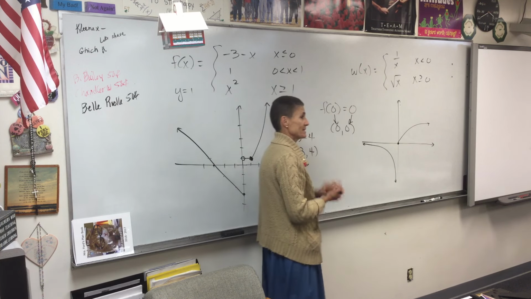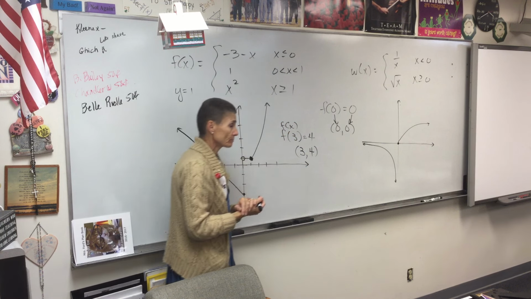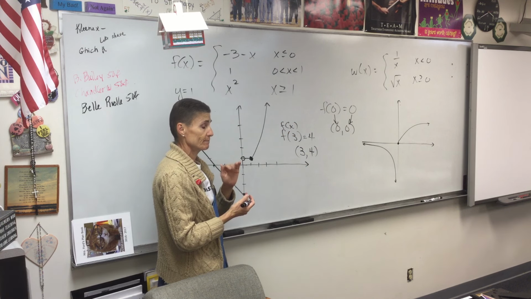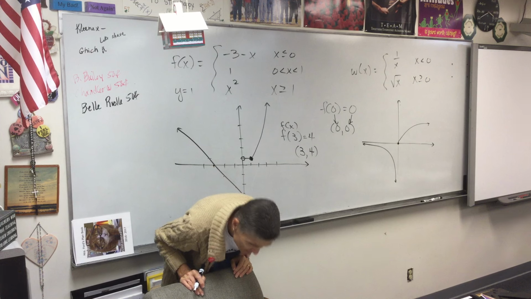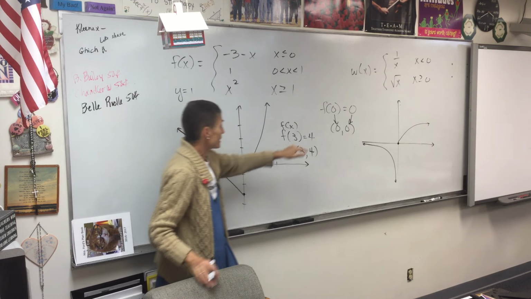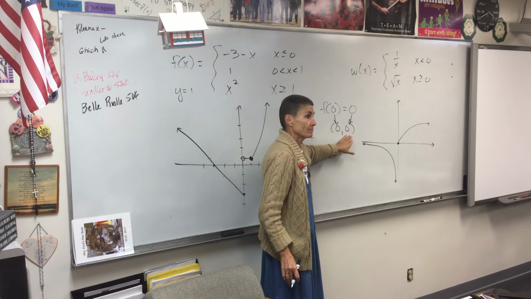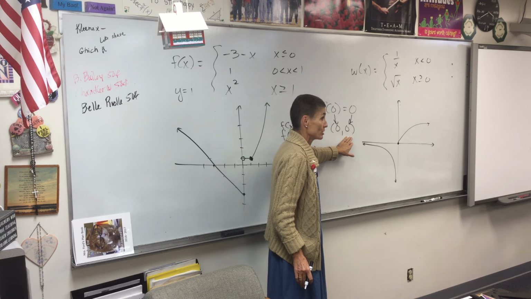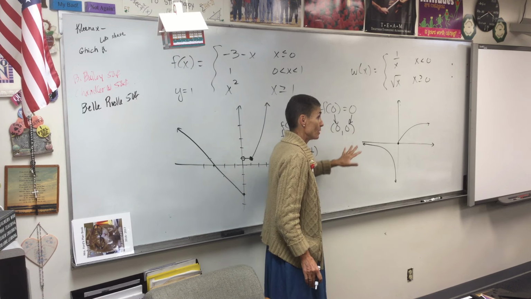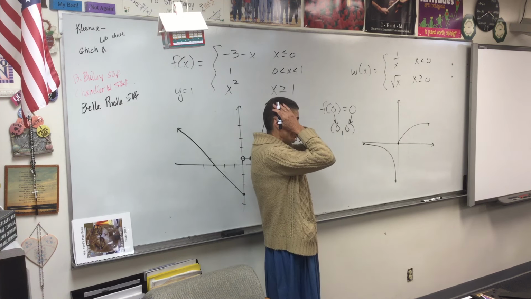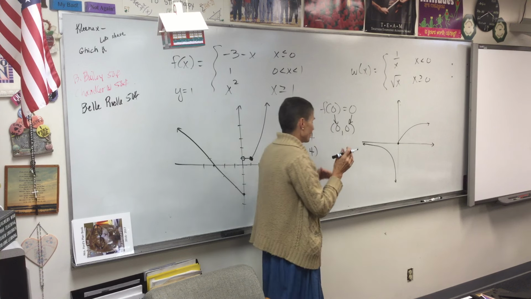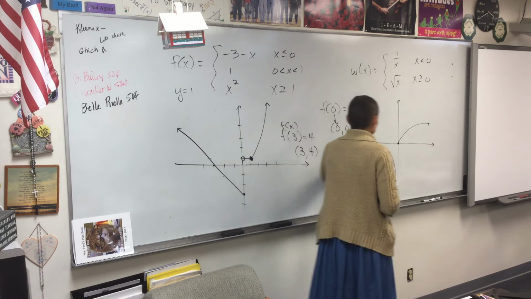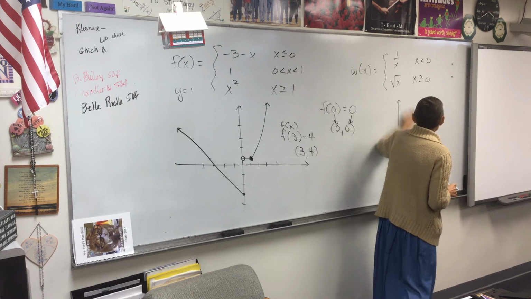Now what problem 69A is saying is that 7 of your functions contain this point. That means 7 of them go through the origin. Which 5 do not? Visualize. Which 5 of the 12 do not go through the origin?